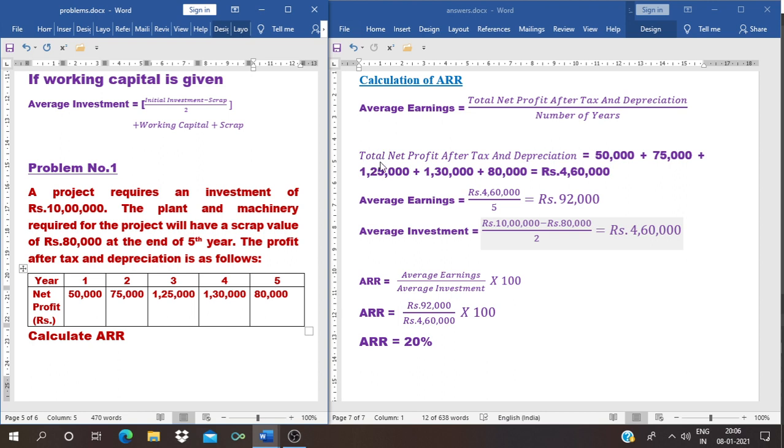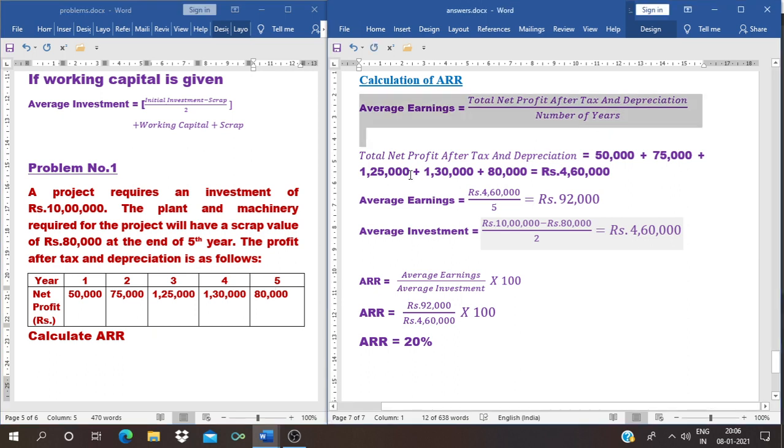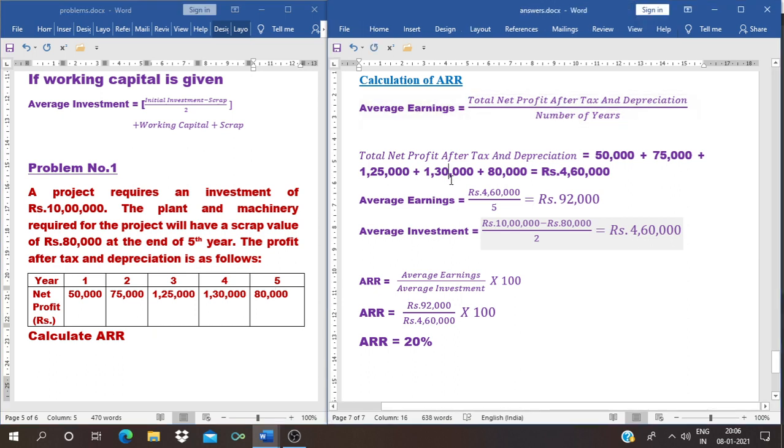Now total net profit after tax and depreciation: 50,000 plus 75,000 plus 1,25,000 plus 1,30,000 plus 80,000. So the total net profit after tax and depreciation is rupees 4,60,000.